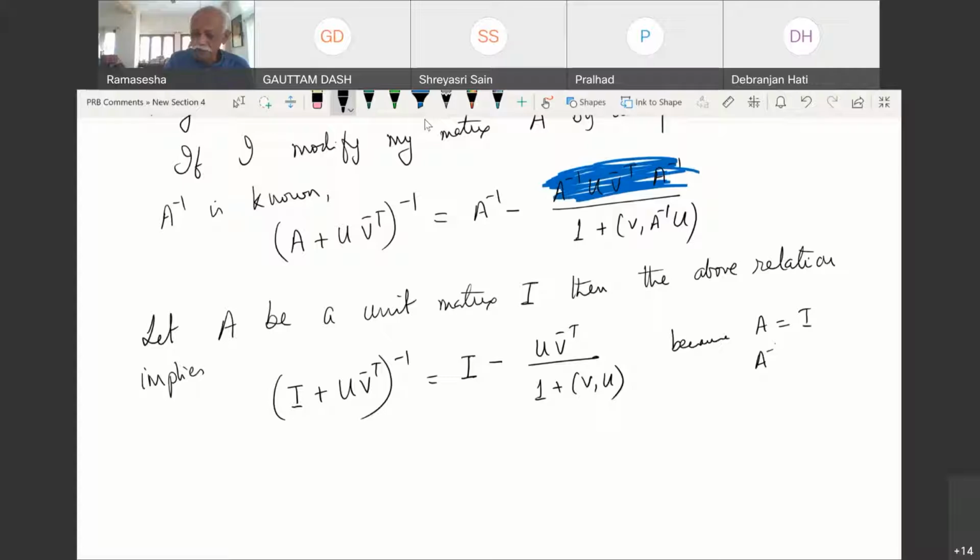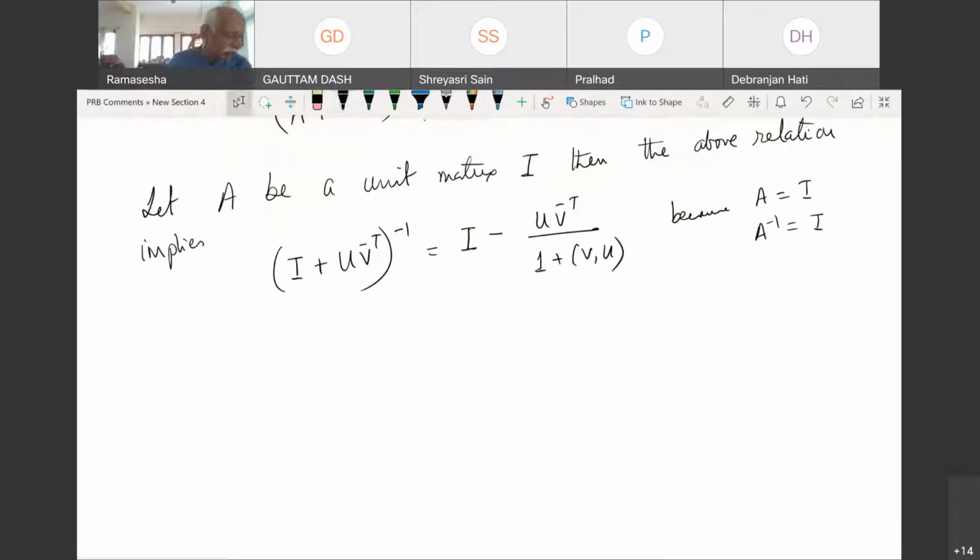So just replace A inverse by I, and where it is not necessary to write it, just drop it. Now I want to know whether this is indeed the inverse, whether this formula is correct.